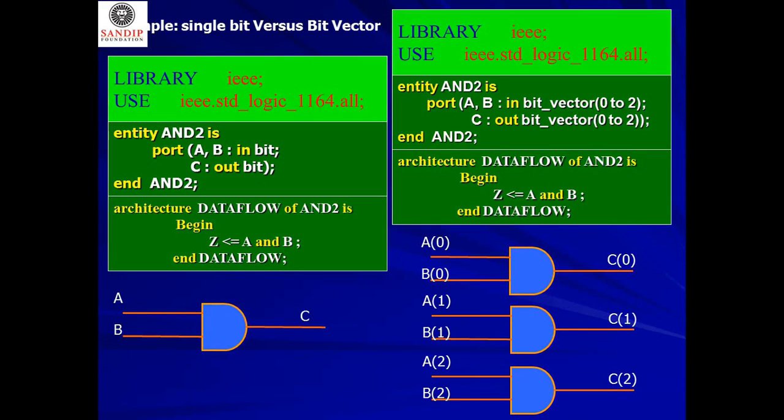It is a 3-bit vector, so A and B are 3-bit vectors. C: out bit_vector 0 to 2, end of the and2. Architecture dataflow of and2 is begin, Z is assigned A and B, end of the dataflow. In this example, A and B are 3-bit vectors and C is a 3-bit vector.